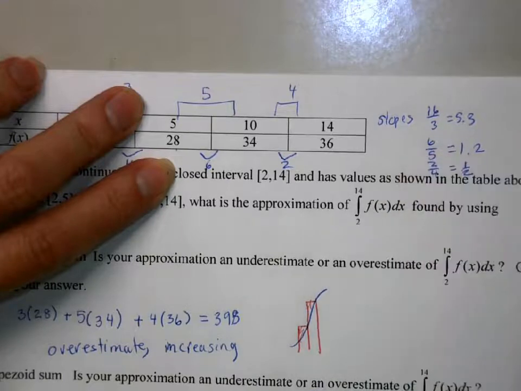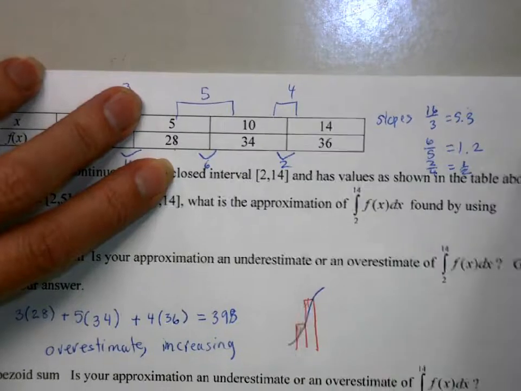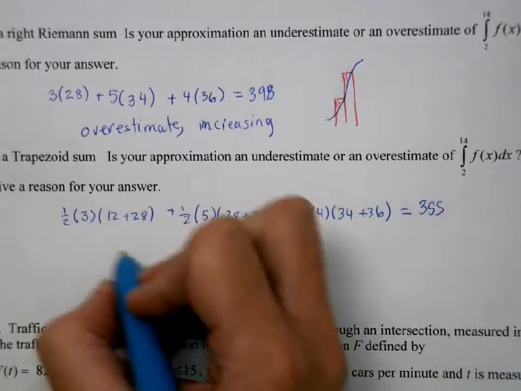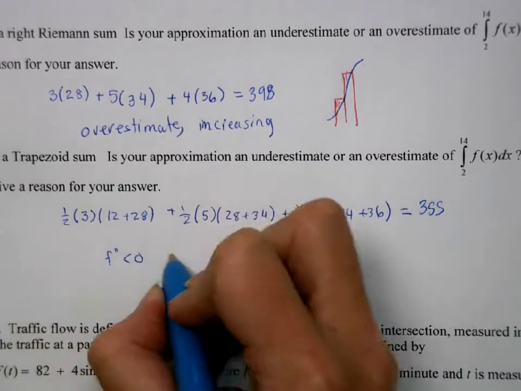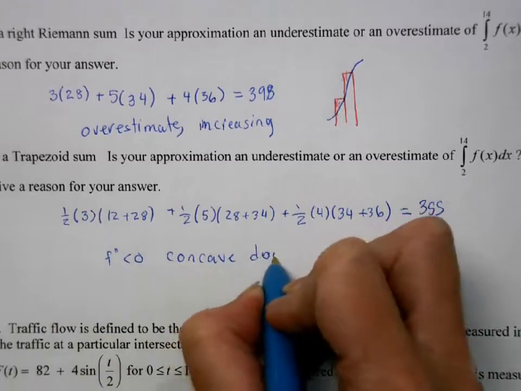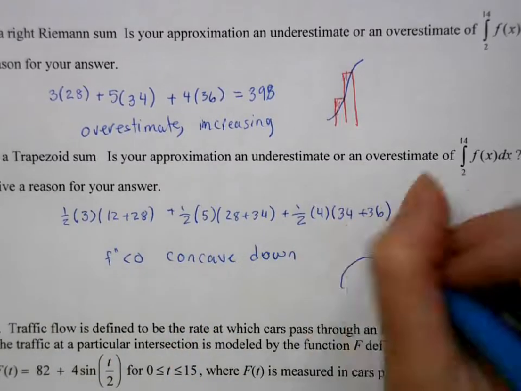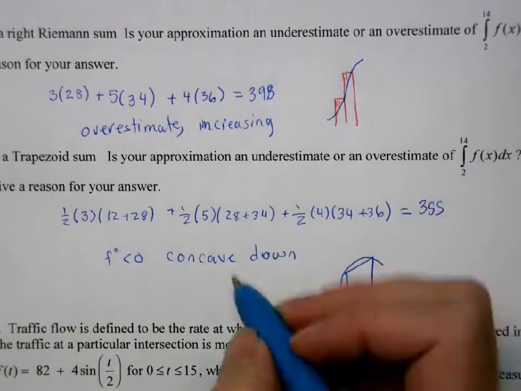Okay, so the slopes are going down, which means f prime is decreasing, which means our second derivative is negative. So it's concave down. So if we're concave down and we construct a trapezoid, that's going to be an underestimate.